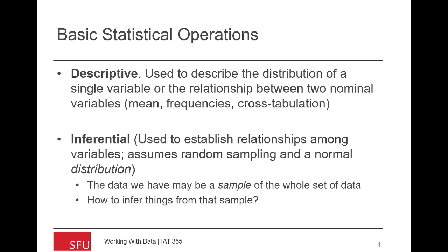So the data may be a sample of the whole set of data, and the questions that statisticians are interested in pursuing are things like building techniques about how to infer things from that sample, how to correctly sample the information, how to make sure that the sample properly represents what's going on in the real life phenomena of interest, and how we can use that small sample to properly understand what's going on inside that real world data collection, or that real world phenomenon.